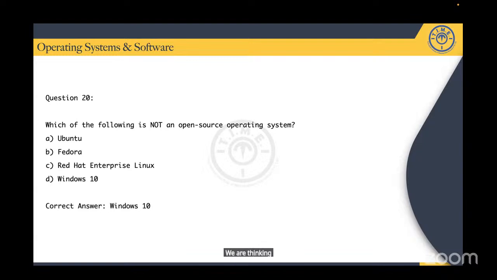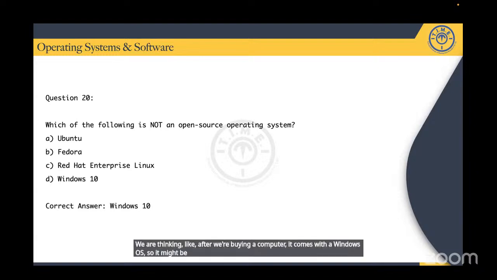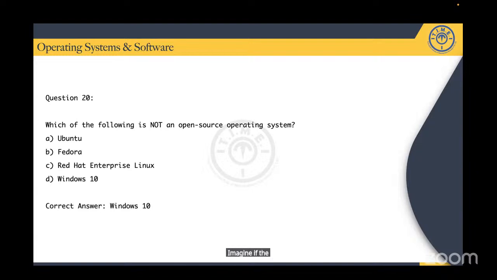We think that after buying a computer, it comes with the Windows OS, so it might be free. Imagine if the software crashed, can you get a free OS? No, a pirated one, that is different, right? So Windows 10 is a proprietary OS by Microsoft.